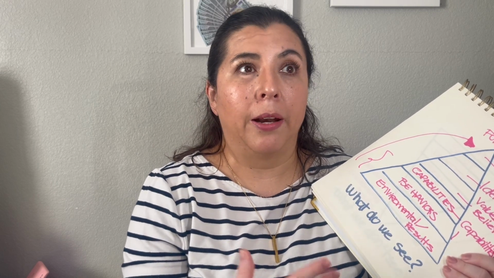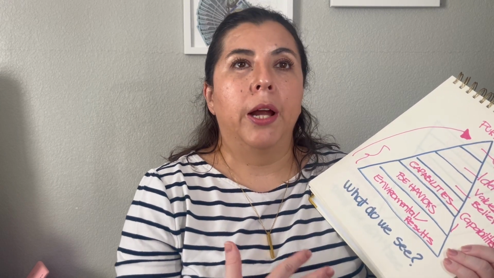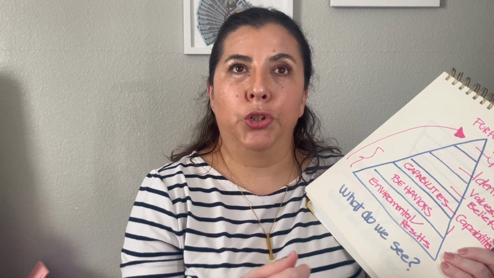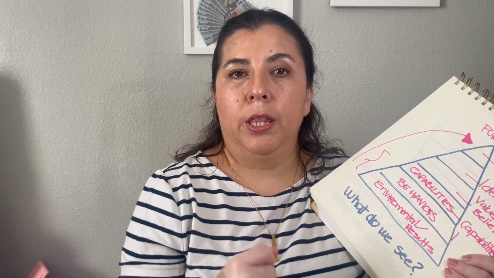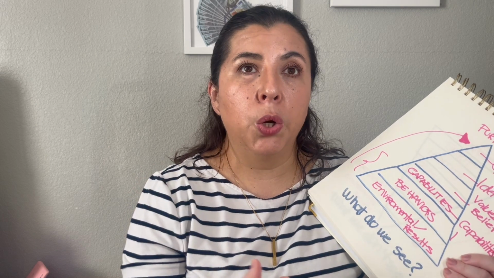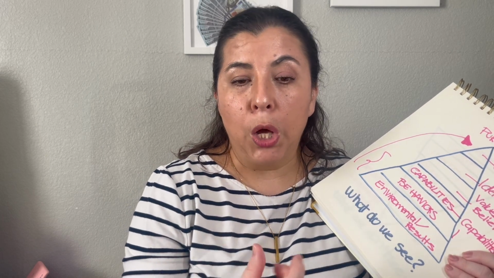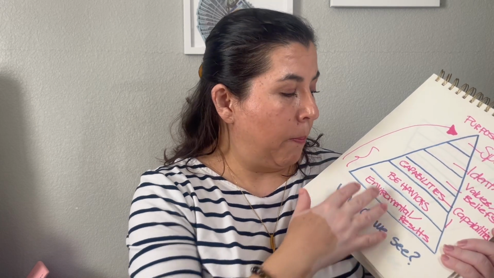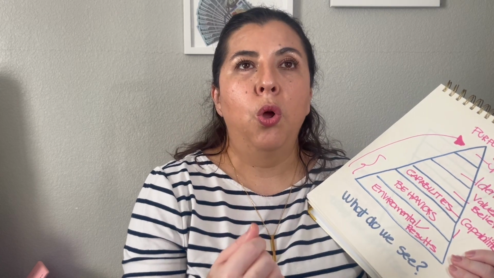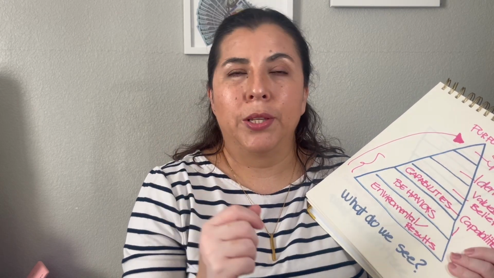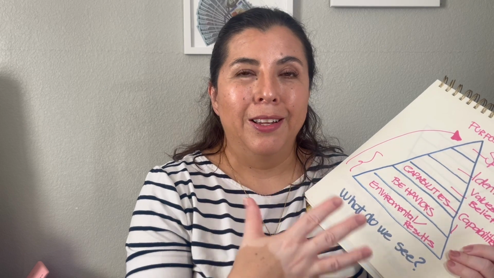I'm going to become a fit person, right? I'm going to become an athlete. So what do I need to do? I need to change my environment. So I need to get a membership, and then I need to get workout clothes. And then the next one, my behavior. That means that I need to go once or twice a week to the gym, and things like that.